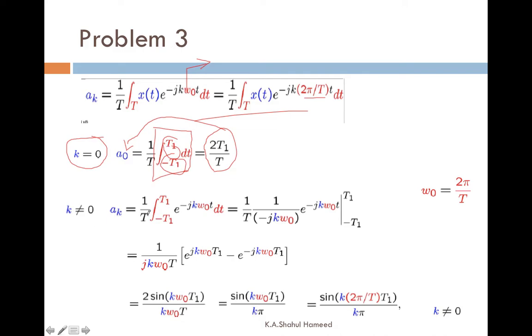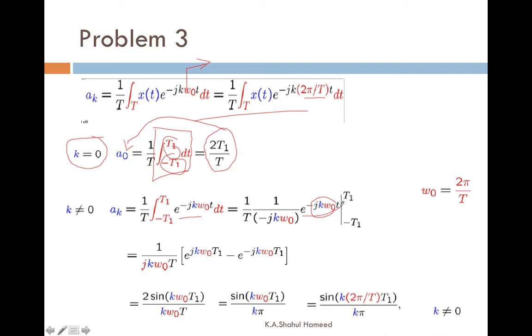And when k is not equal to 0, you will get a k is equal to 1 by capital T integration over minus T1 to plus T1 e power minus j k omega naught t into dt. When you integrate this equation, integrating e power minus j k omega naught t, you will get the same thing divided by the constant part, that is minus j k omega naught.